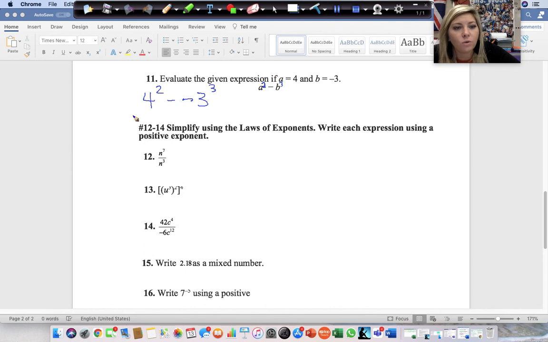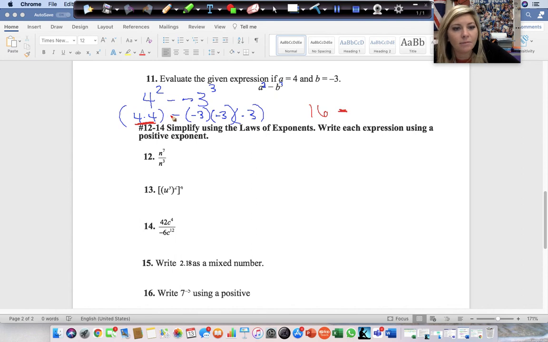So we've got 4 squared, which is 4 times 4, minus negative 3 to the third power, which is negative 3 times negative 3 times negative 3. Okay. So now, 4 times 4 gives me 16. Sorry, I'm going to write it over here.